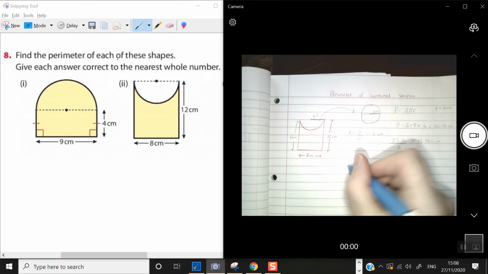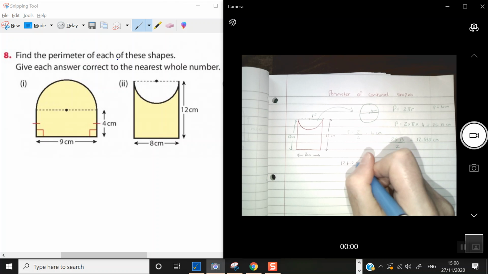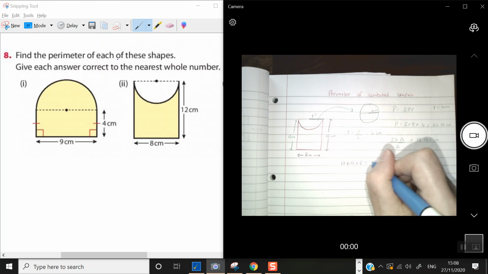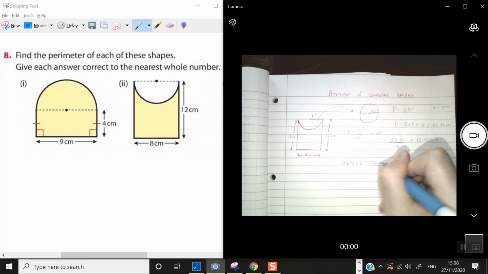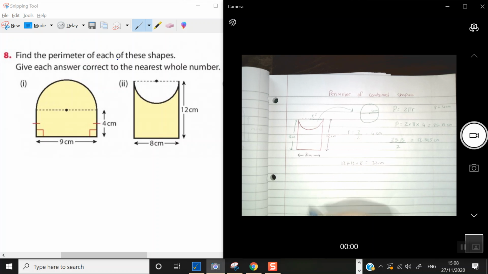So that would be 12 plus 12 plus 8. 12 and 12 is 24, and 8 is 32. So 32 centimeters.